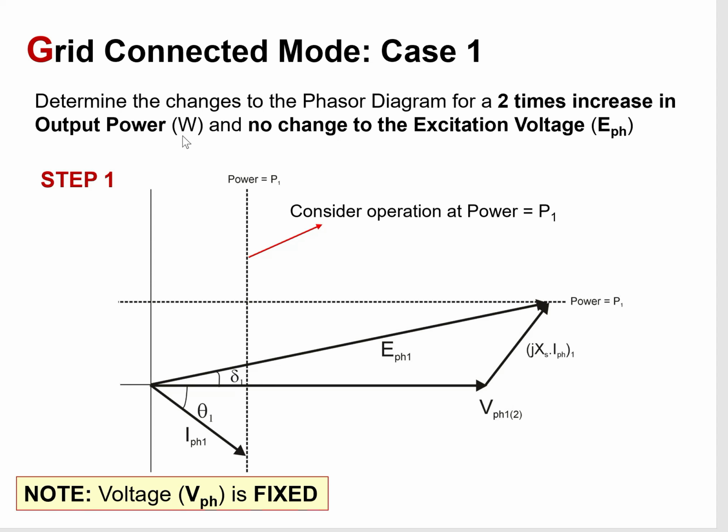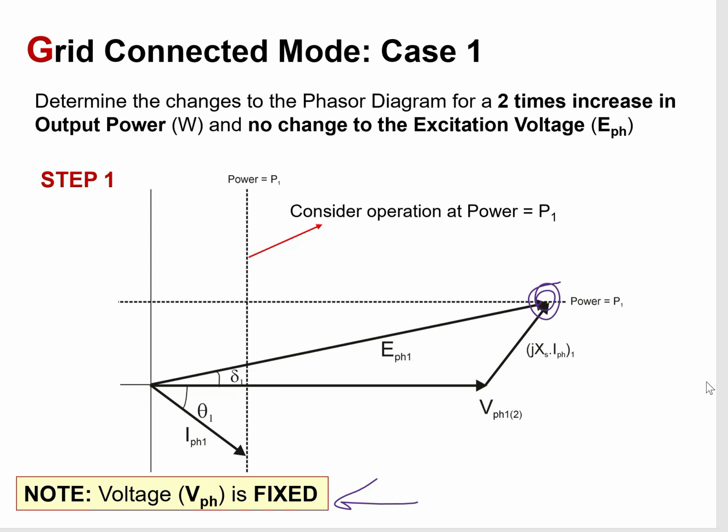Determine the changes to the phasor diagram for a 2 times increase in the output power and no change in the excitation voltage. So we want to do that only on the phasor diagram without any calculations initially. We need to note that the per phase voltage is kept fixed, but we will change only the power. So assuming that the real power is over here, this is the starting point.